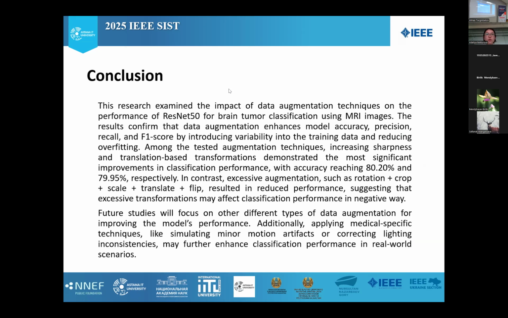Yes, I used specifically ResNet 50 because it's a robust pre-trained CNN that already showed good results in classifying different medical images.